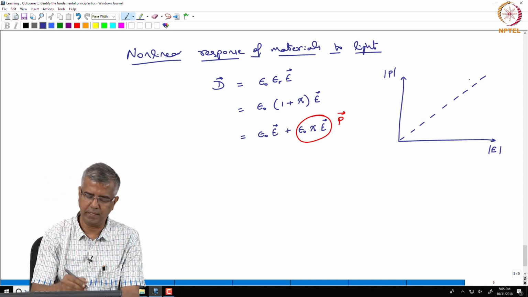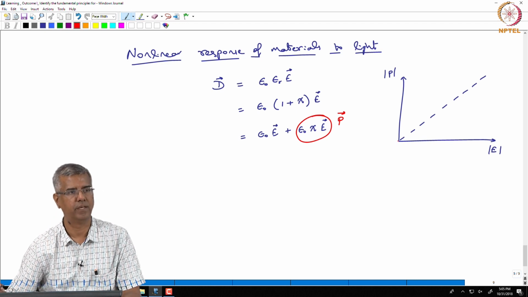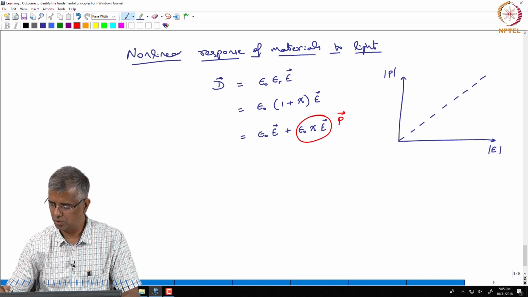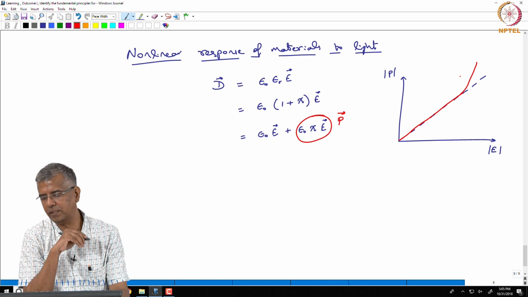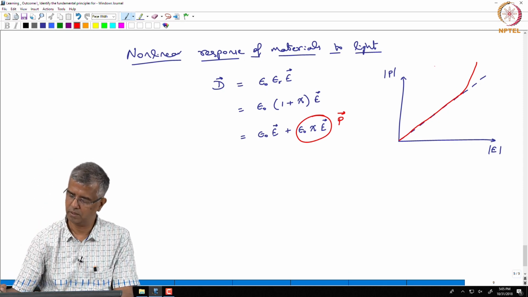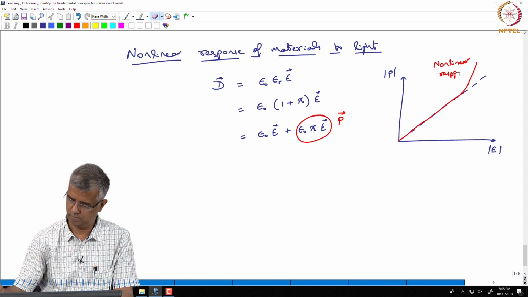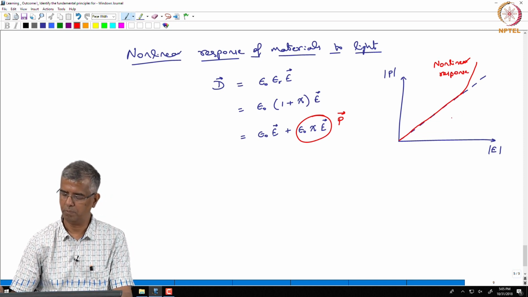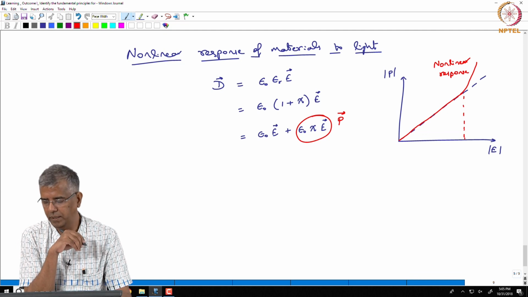In reality, what happens is it is linear, but only up to a certain level of electric field. Okay. So, beyond a certain electric field value, it starts deviating from that linearity. So, it exhibits a nonlinear response beyond a certain value of E. Okay.